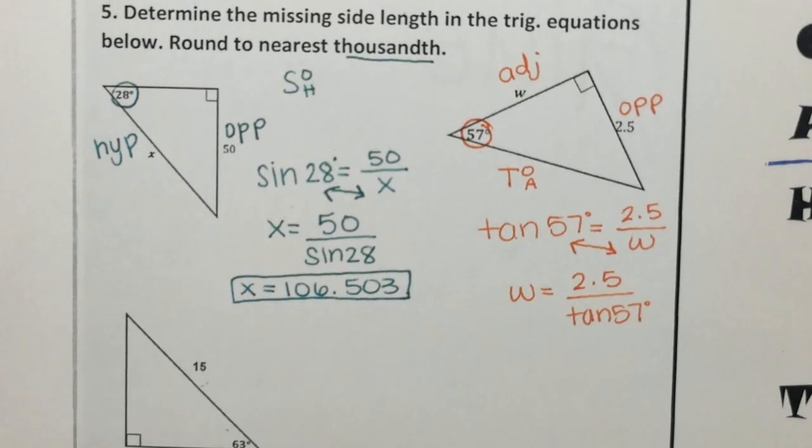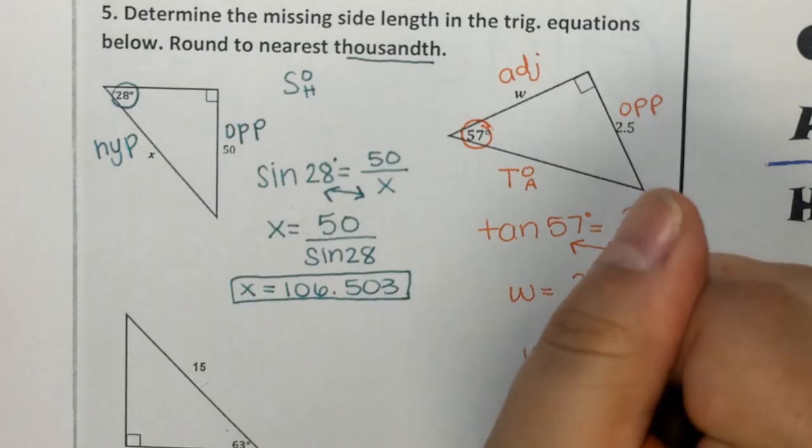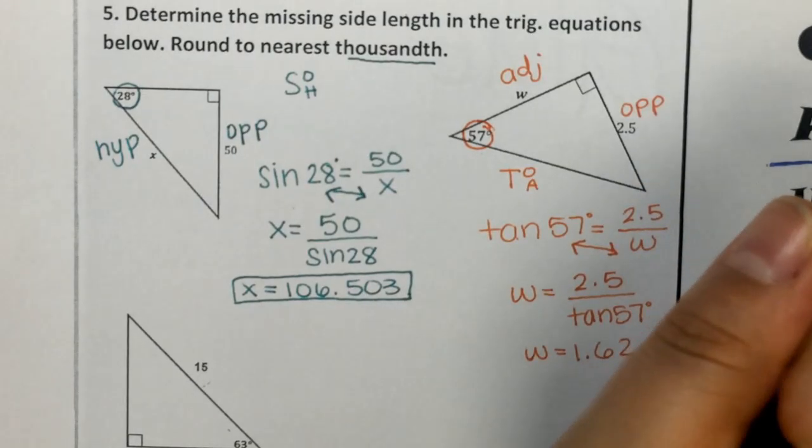I want everybody to practice typing it in Desmos to make sure you're doing it right. Don't count on somebody yelling out the answer. You do it. What do we get? 1.624.